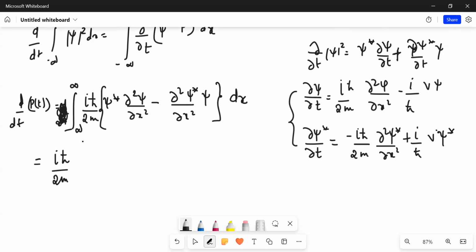I will write one thing. I will say that this particular thing from minus infinity to plus infinity is ∂/∂x, and then you have this. So this is equivalent to writing ∂/∂x of, just give me a minute. I think this will be it, equal to... let's think a bit, minus.